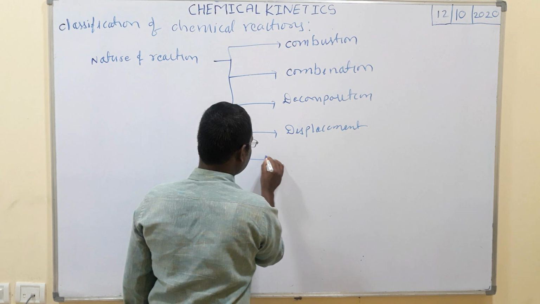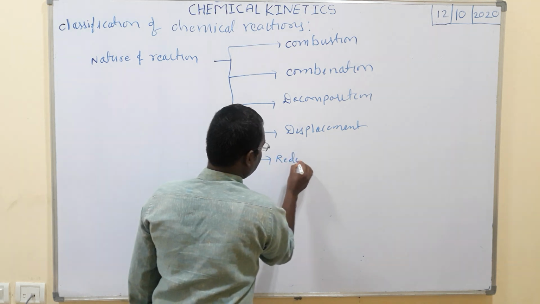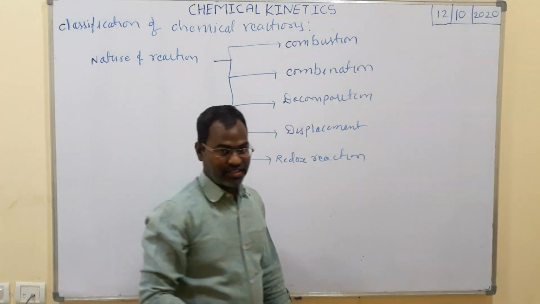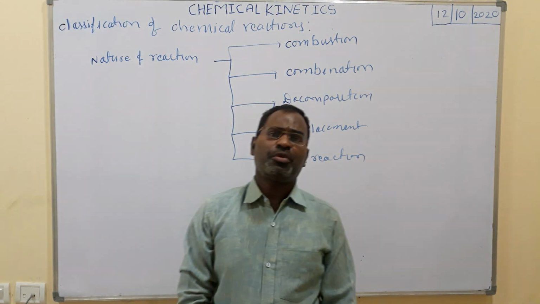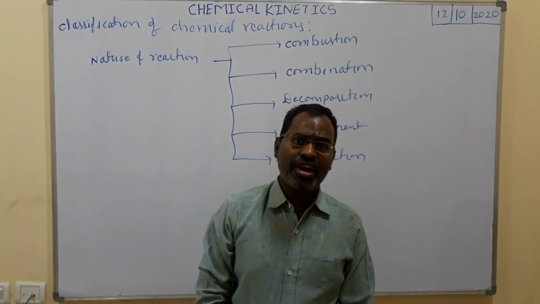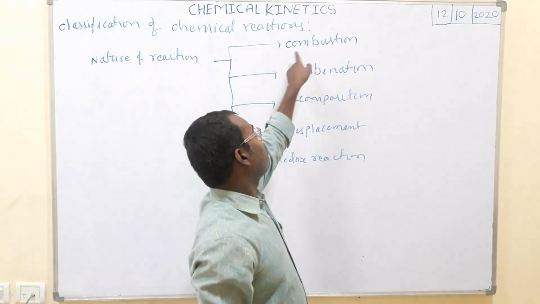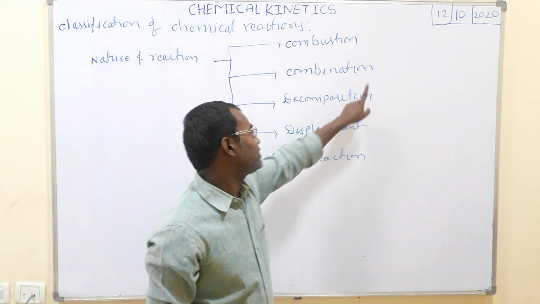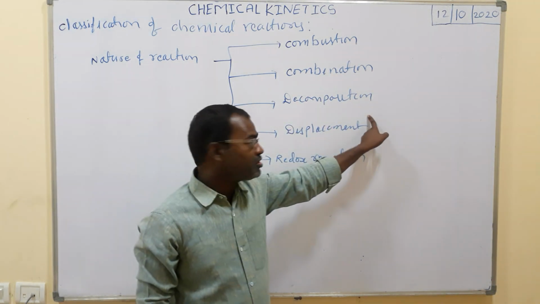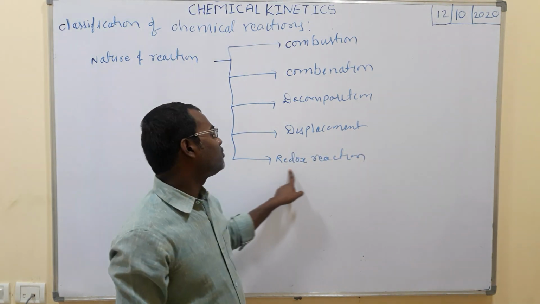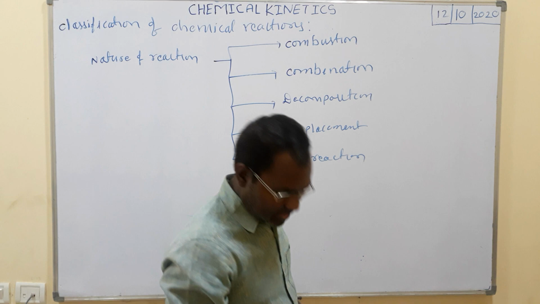And the fifth one is redox reaction. So on the basis of nature of the reaction, chemical reactions are divided into five types: combustion, combination, decomposition, displacement, and redox reactions.